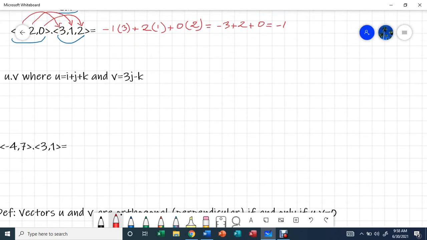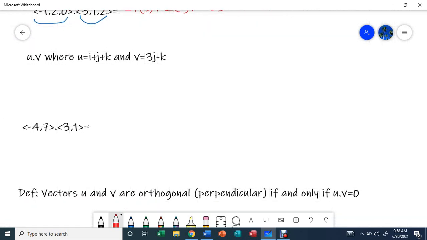So u equals i plus j plus k, and v is 3j minus k. Let's change it to the form we had before.